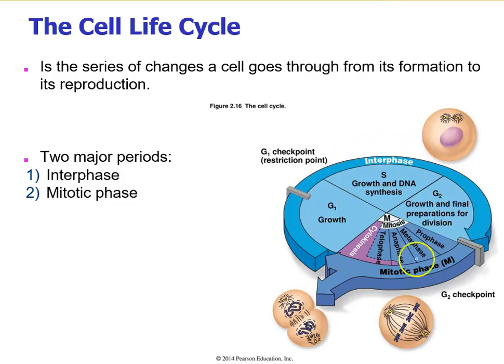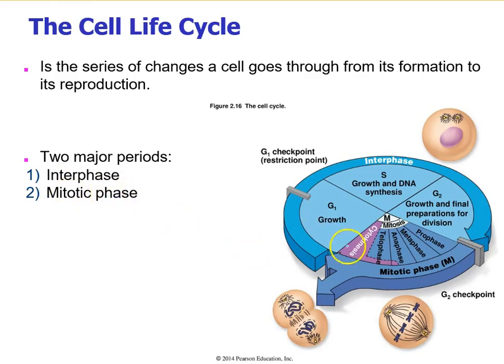So as you can see in this picture, it's showing the cell life cycle, that the cell, which you can see this one cell, it's going through some processes, and then we can divide it to two new cells.